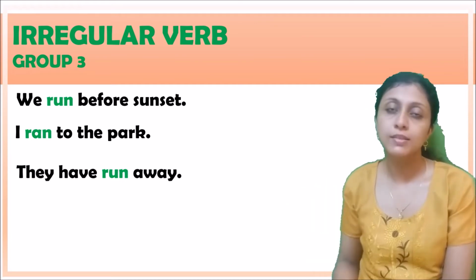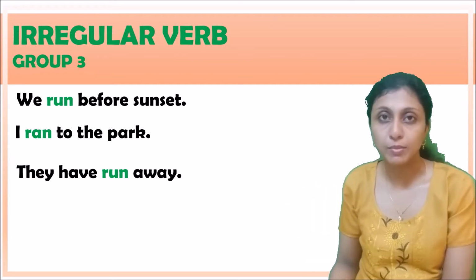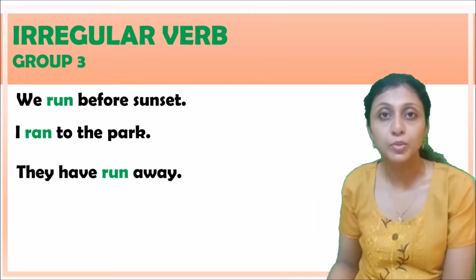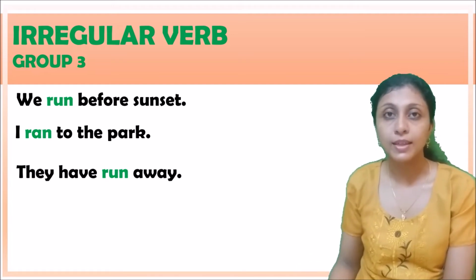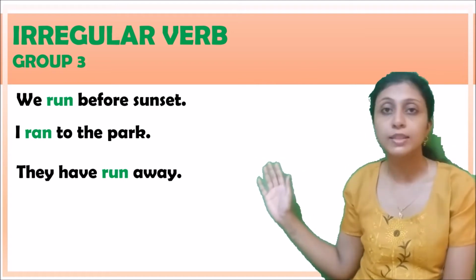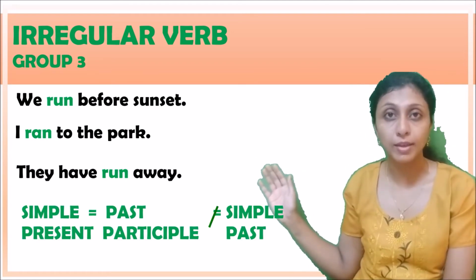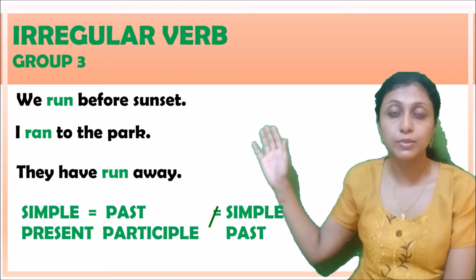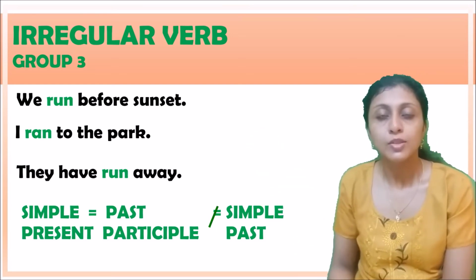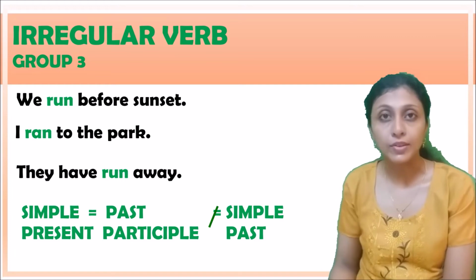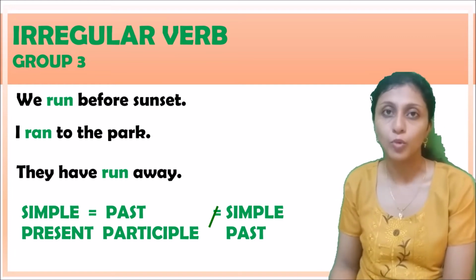Whereas in the last sentence, it is in the past participle form and we have used run. So if you observe, we find that the first case and the third case remain the same, whereas in the second case, which is the simple past, it is different. So this is another type of irregularity that is found in verbs.